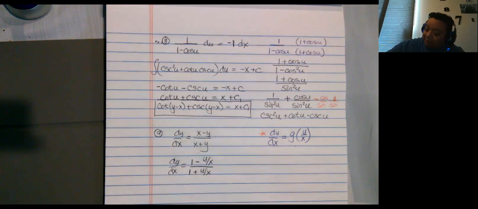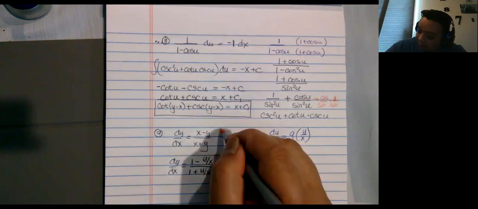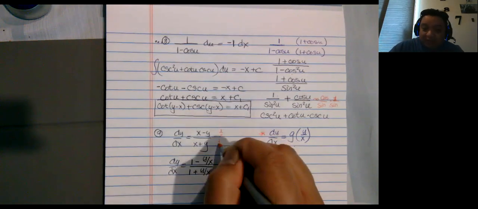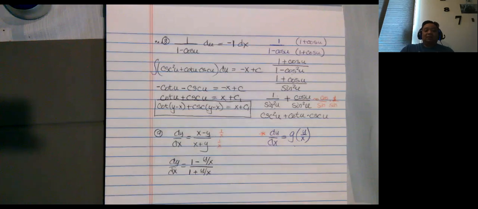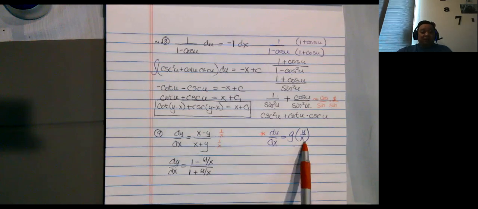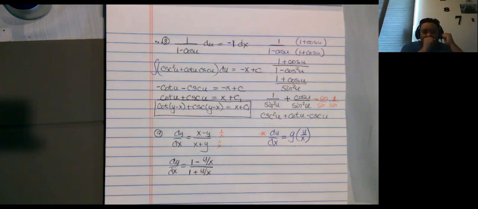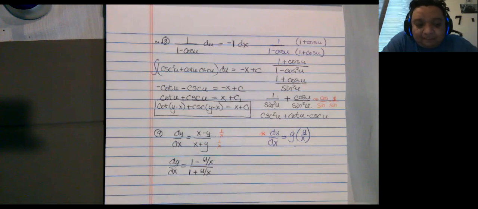So I multiplied 1 over x top and bottom, right? And so you're able to do that. And in doing so, everything here involves a y over x. Okay. Questions? Questions on that?